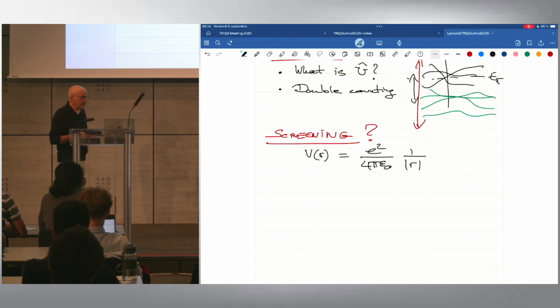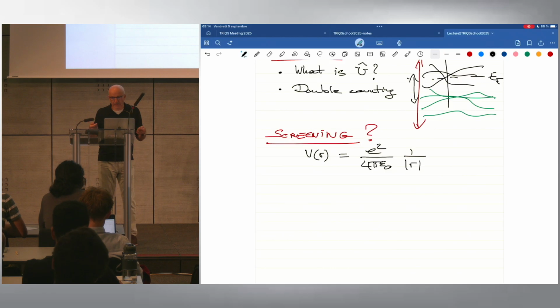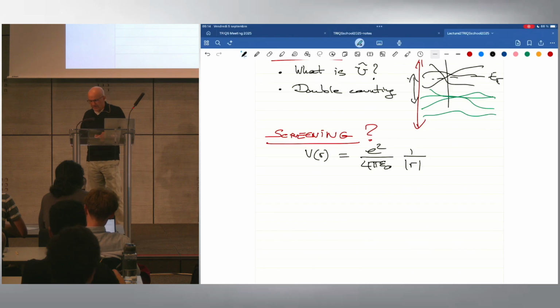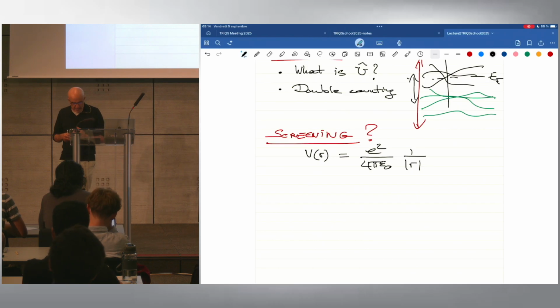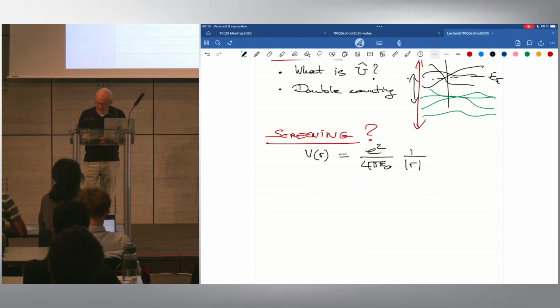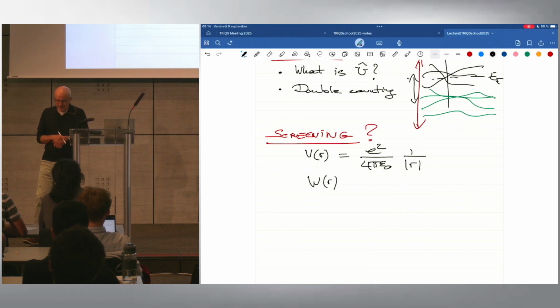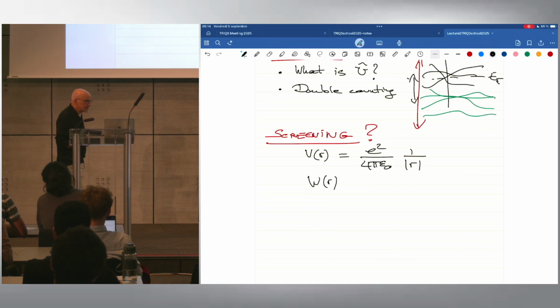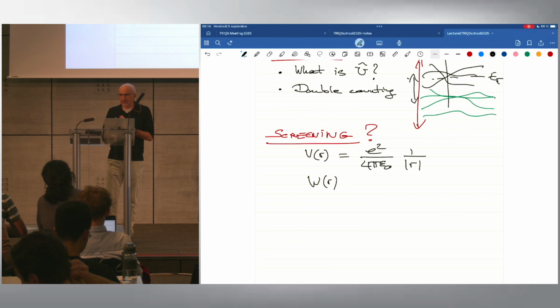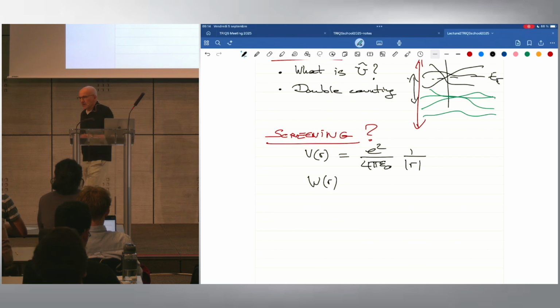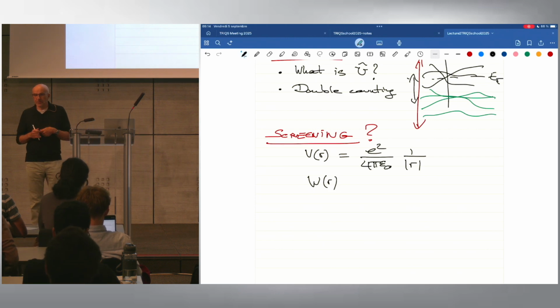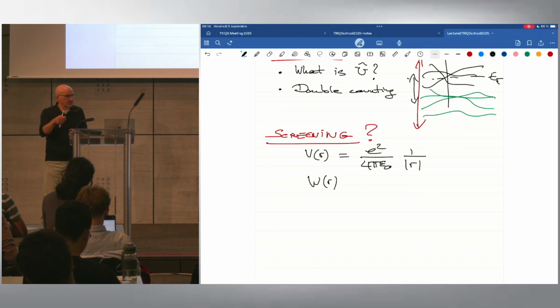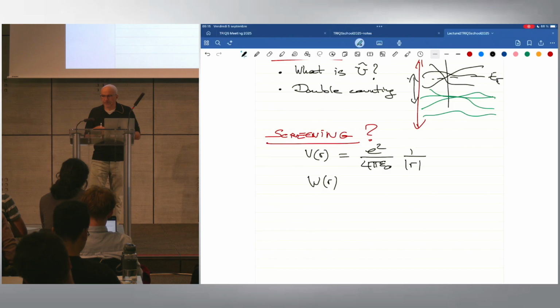And this is a phenomenon which is dependent on distance, because the long distance behavior of the effective screened interaction, which we're going to call always in this lecture W of R, is not necessarily 1 over R. We're going to see that it's not in metals. And furthermore, it's an energy-dependent phenomenon, or time-dependent phenomenon. It's a retarded phenomenon, because when you introduce a charge at time t, it takes some time for the other charges to rearrange.